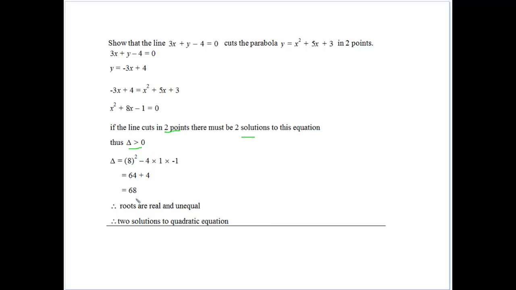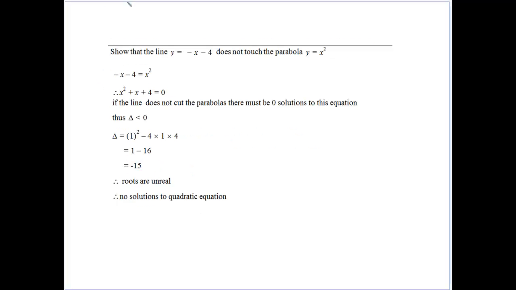We find our discriminant, we get 68, which means that if we did the minus b plus or minus the square root, it gives the square root of 68, which gives us 2 real and unequal roots. So 2 solutions, and it means it cuts it in 2 points there. So it's a nice way to be able to prove it without actually finding the values.